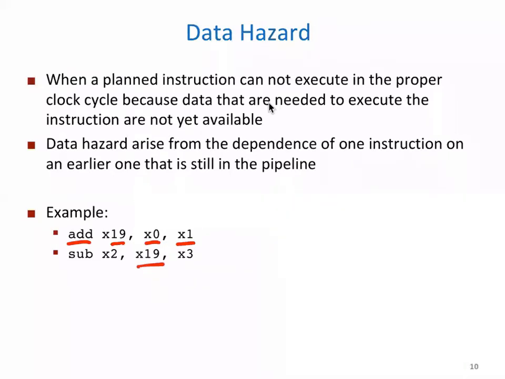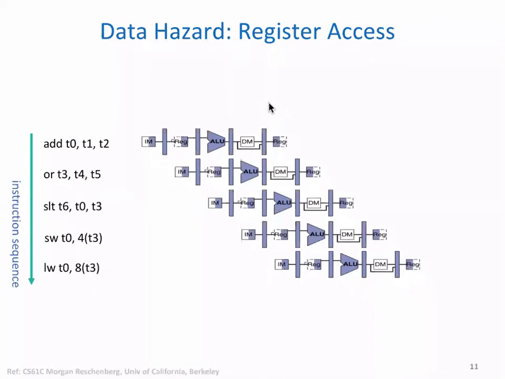Now this operation is happening before the actual writing is done in the previous instruction, so the data that we intend to use in this instruction from register 19 is not yet available. This kind of hazard or dependency, we call it data dependency.